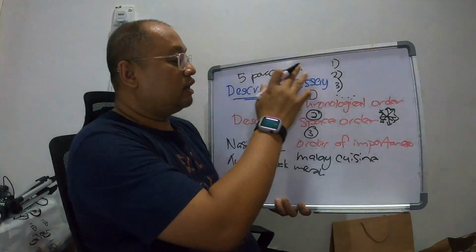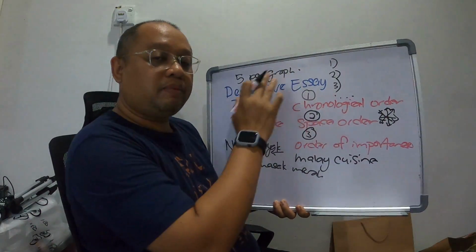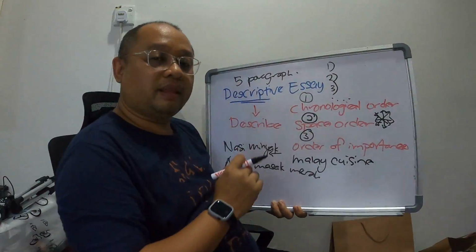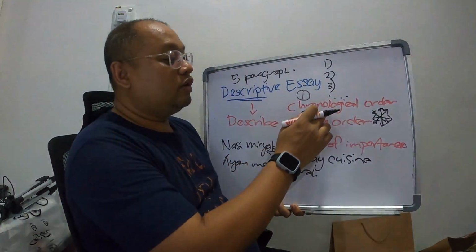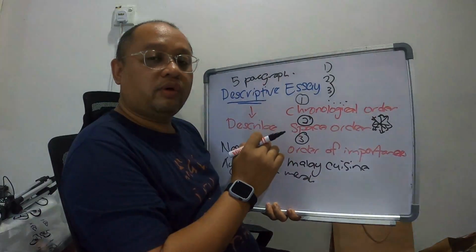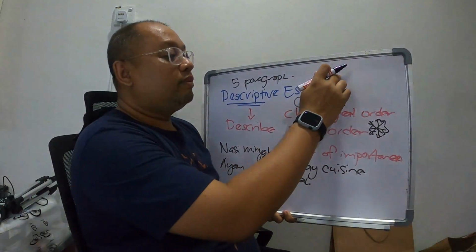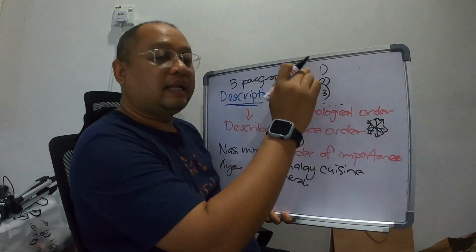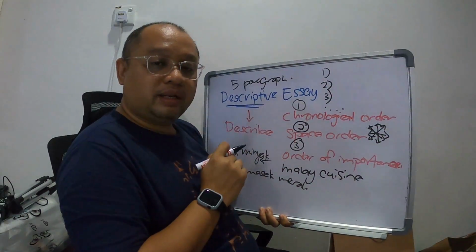So when you have a descriptive essay, this is the basic structure that you have to follow. You need to have 5 paragraphs. And then let's say you use the chronological order. So what is the most important step that you're going to explain first? This one will be in the first body paragraph, followed by the second and the third, and then the conclusion.